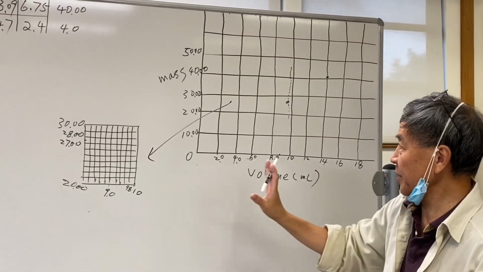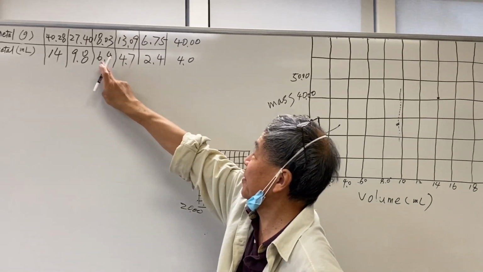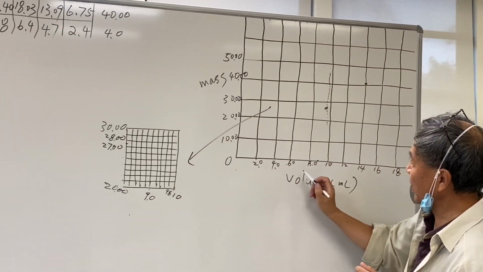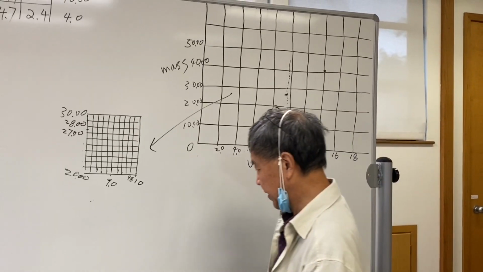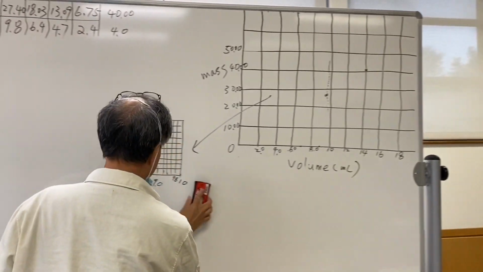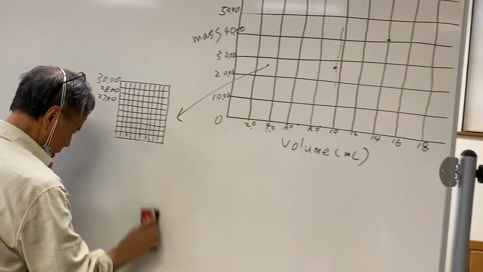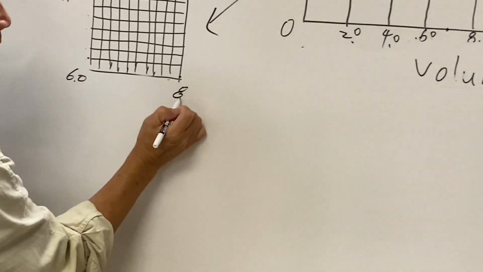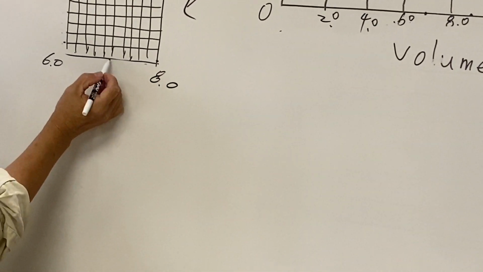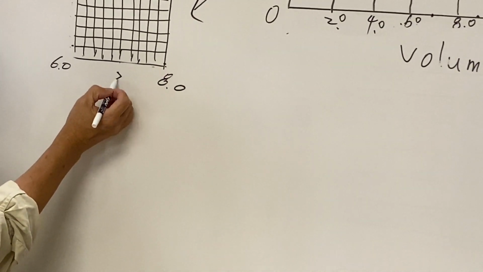By using this third one, it's a 6.4, all right? So make sure you understand it's a 6.4. 6, it's here, 8, it's here, then 7, it's right here.